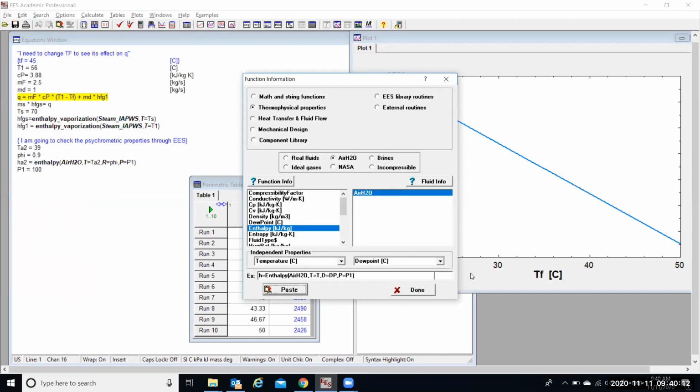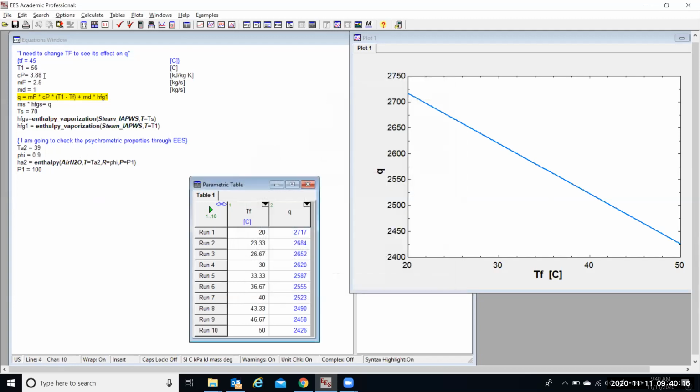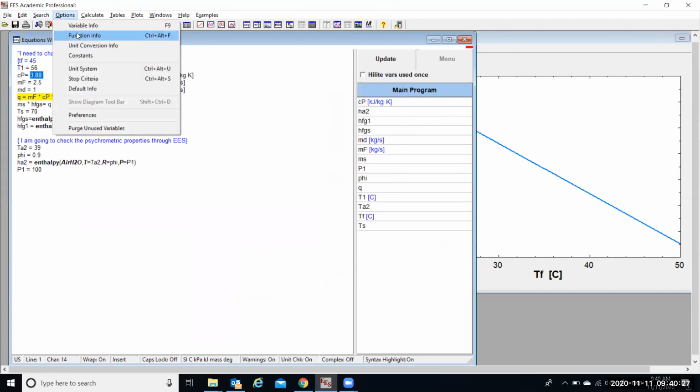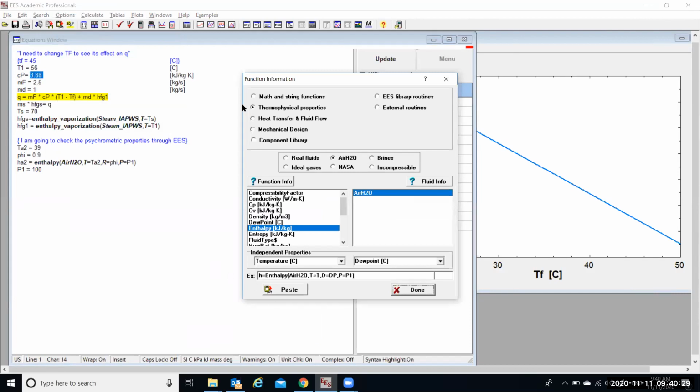Suppose, for example, something, I just remembered it. Now I'm talking about the value of CP equal to 3.88. This is a property. Shouldn't it be there? The answer is yes. The point is, what is the CP that we're looking for? I can, for example, say that I need thermodynamic properties of real fluids, and it is basically water.